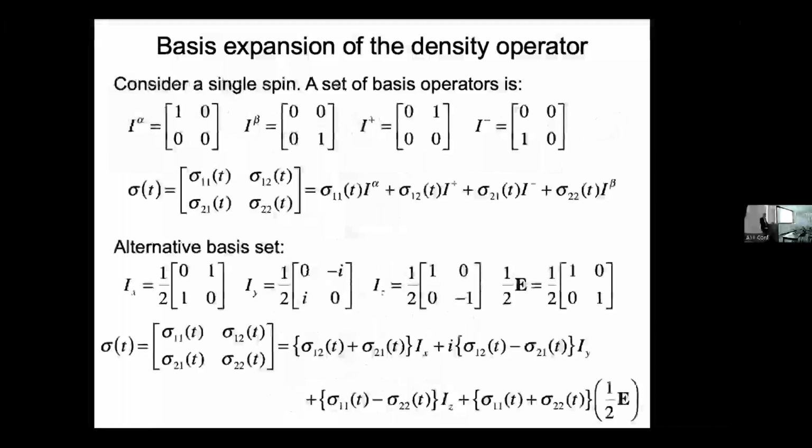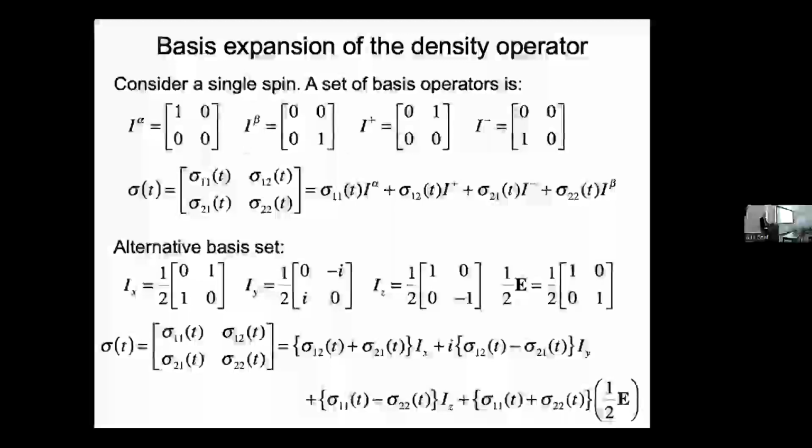So here's an example. If I have one spin, I have a 2x2 matrix. It has 4 elements. So I could write any arbitrary 2x2 matrix as a linear combination of these 4 matrices: a matrix that has a 1 in the 1,1 position, a 1 in the 2,2 position, a 1 in the 1,2 position, and a 1 in the 2,1 position.